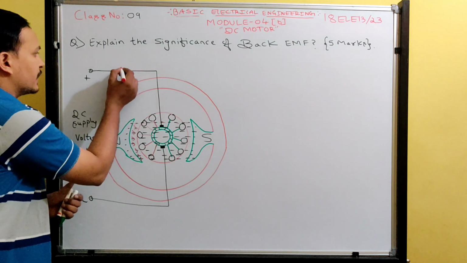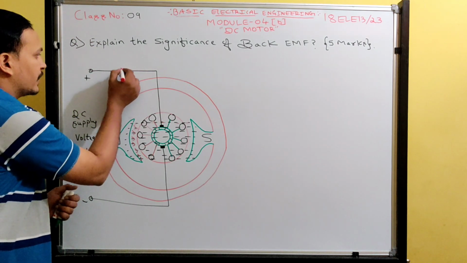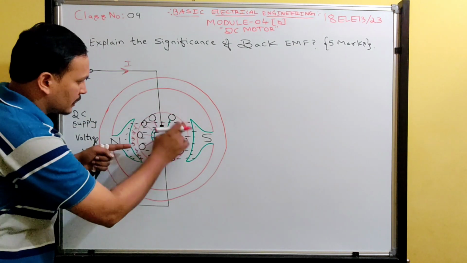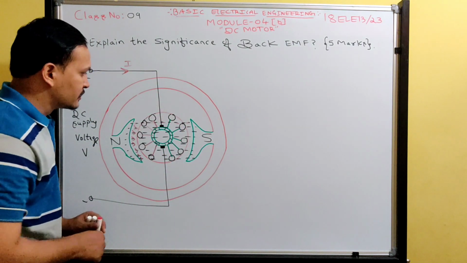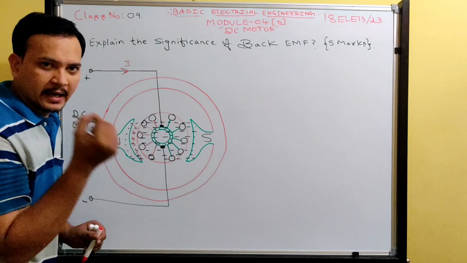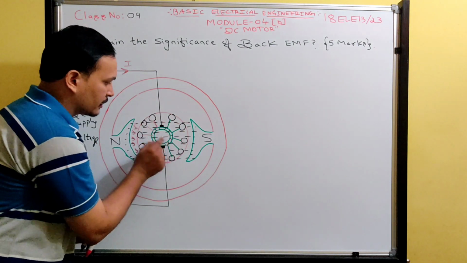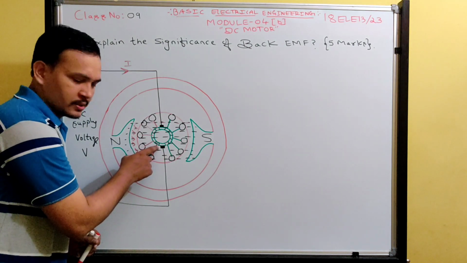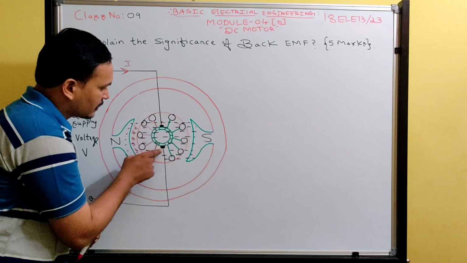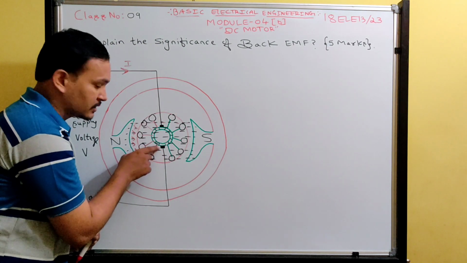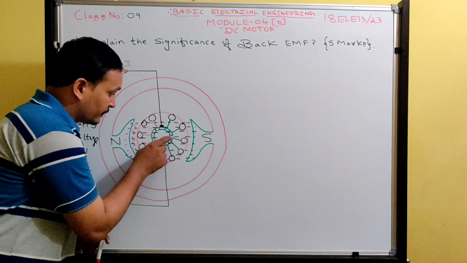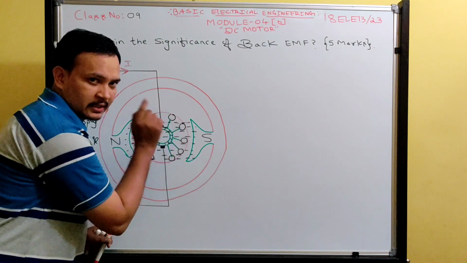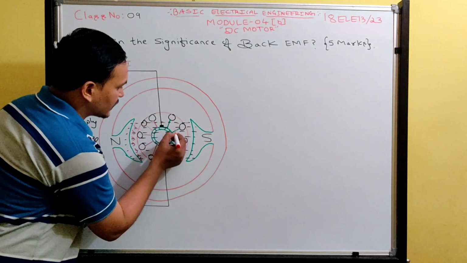Whenever current flows, all these conductors are internally connected in series, and the conductor ends are connected to the commutator segments. The segments will receive supply from the brushes. Once the segment receives current from the brushes, and that segment is connected to the conductors, the current starts flowing in this.